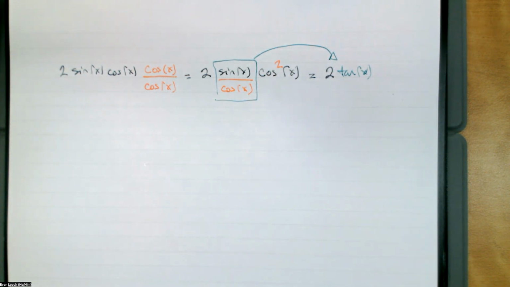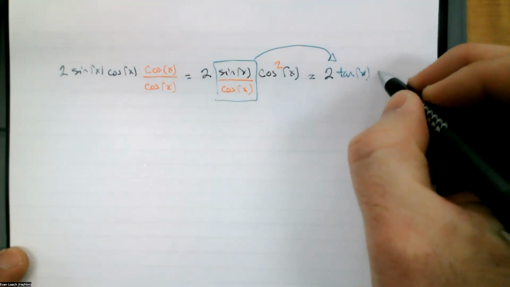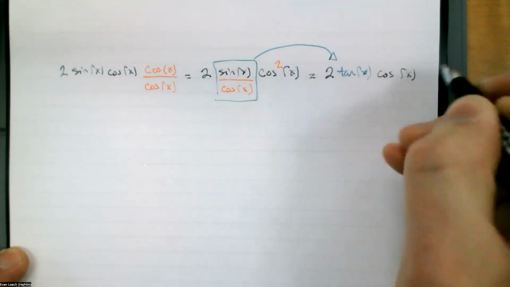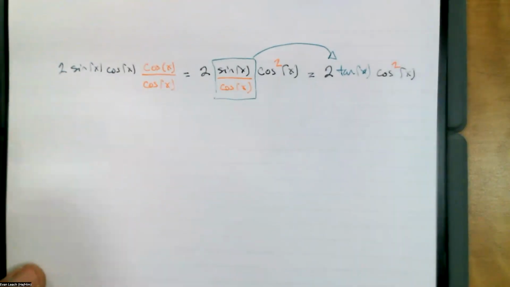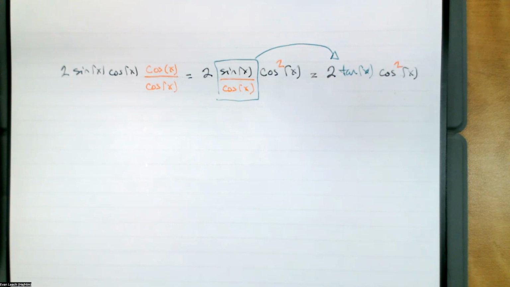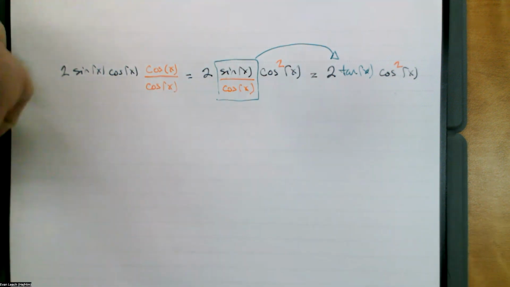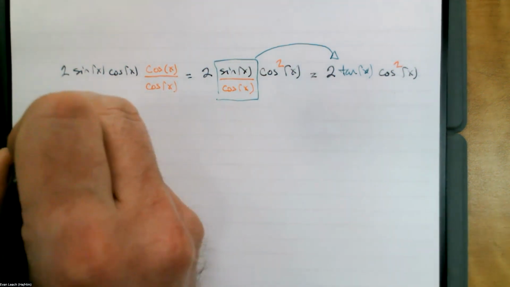That's 2 tangent x times cosine squared x. But that's okay, because cosine squared is 1 over secant squared. Not obviously helpful right now, but cosine is the reciprocal of secant. So that cosine squared can be written as a secant in the denominator.